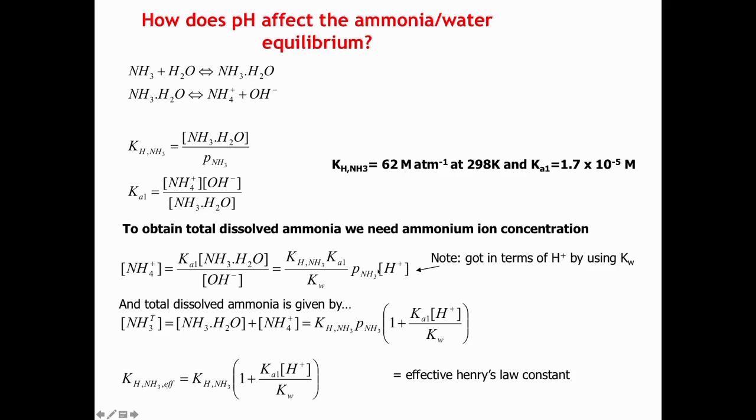So what does that tell you about ammonia solubility? Well, it tells you that you can dissolve more when you're acidic. So unlike CO2, ammonia becomes more soluble when you're in acid.